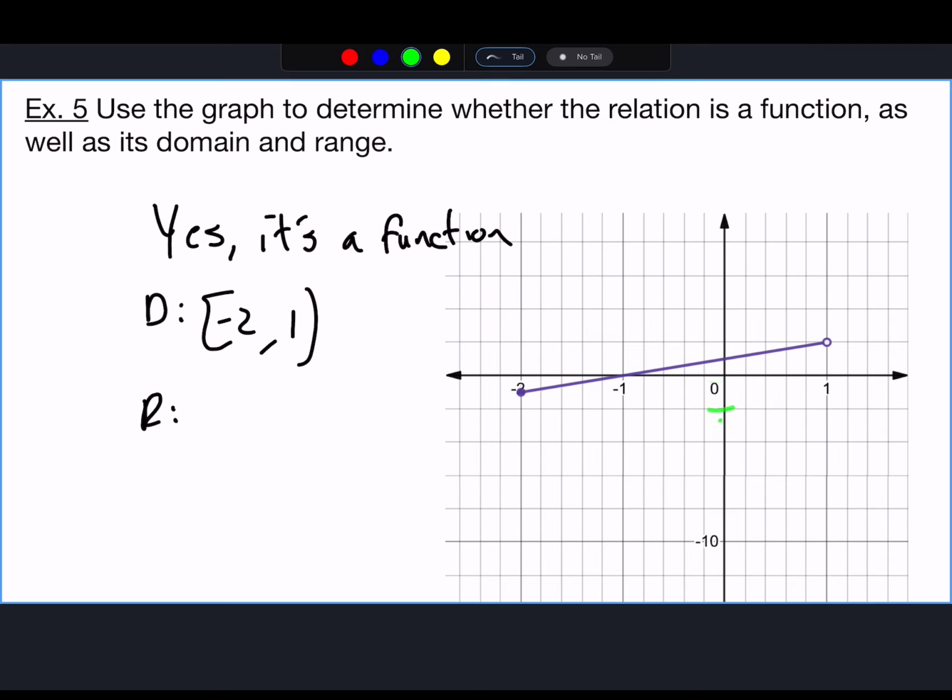So each mark is -2. -1. And notice that it's included because we have a filled in circle, and it goes up to 2. This is our biggest value here, and it's not included, so we use a parenthesis.